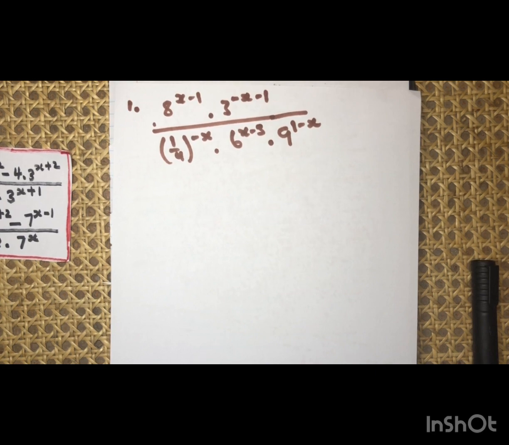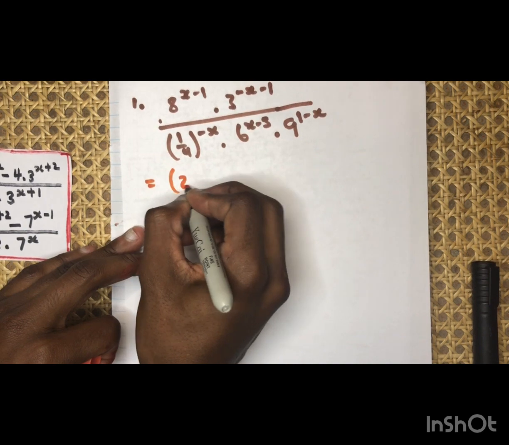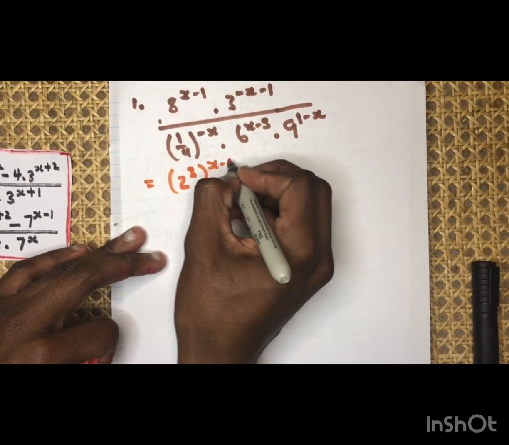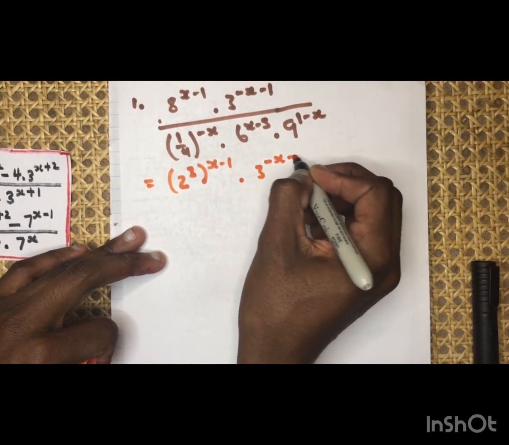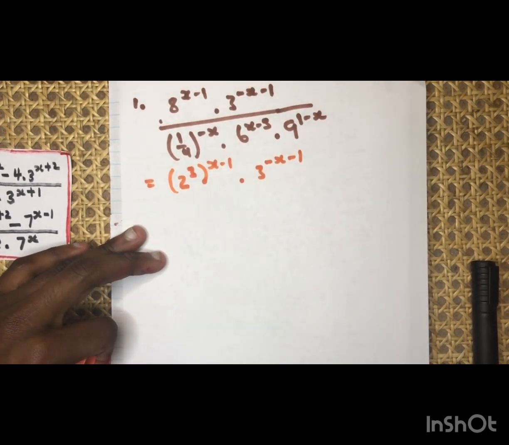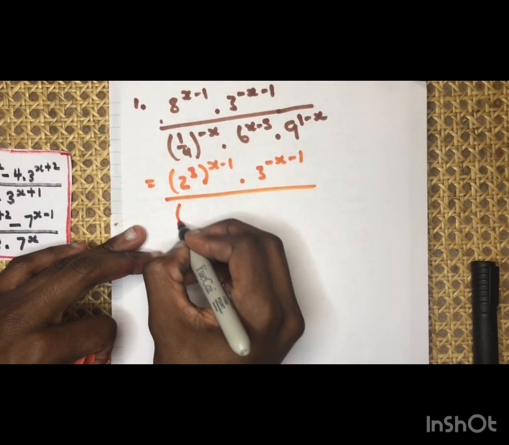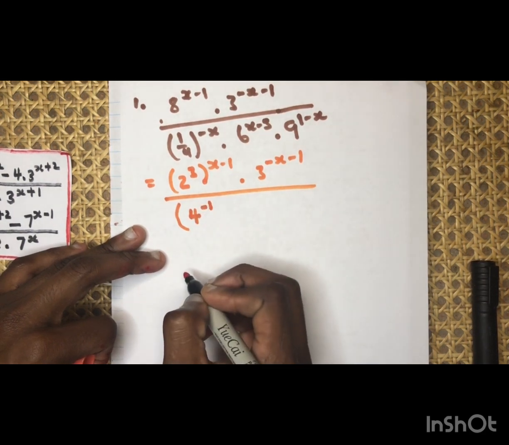So here I'm going to say 2 to the power 3. So then you have x minus 1 outside times 3 minus x minus 1, right? So over, I'm going to write this one, guys, as a negative exponent. So it's going to be 4 to the power minus 1, understand?